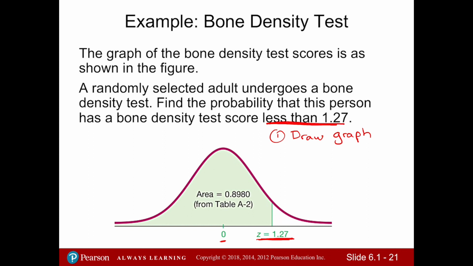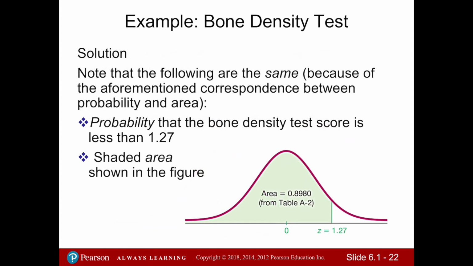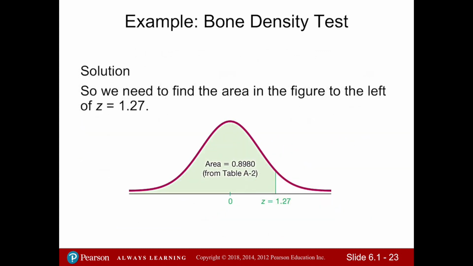Because our score is less than 1.27, I will shade in all of the region that represents an area less than 1.27. We can see that this example has the answer for us right here, and we can talk about how we compute that. So again, we shade in this figure below. How do we read this score? We need to find the area in the figure to the left of that z-score. And so what we're going to do is look at that table A2.